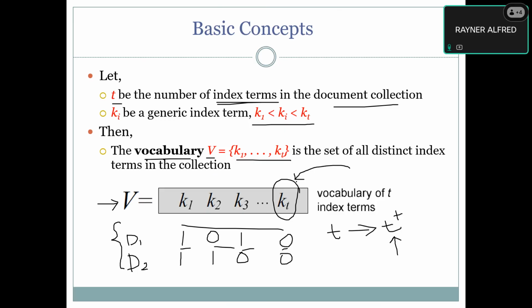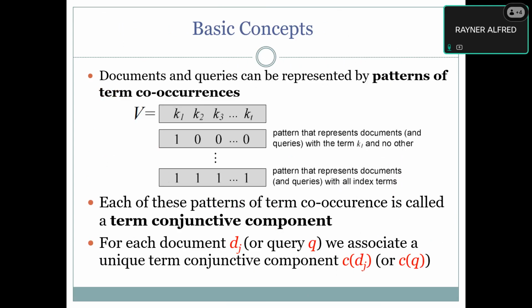So that's one of the issues that we want to address. Okay, so like I mentioned just now, when we have this vocabulary up to T, that means we have this pattern here. So that means we have 2 to the power of T different number of patterns.